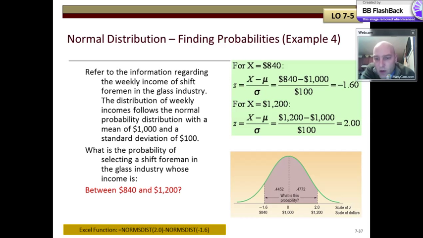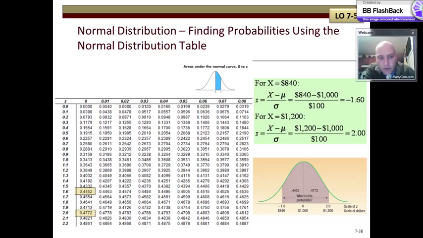I look up this 1.6 in the table and I find an area of 0.4452. 0.4452, 0.4772. That's what happens when you look up those two numbers in the z-table. So I took the raw scores and converted them to z, negative 1.6 and positive 2. I took those z-scores and looked up what their areas are in the body of the table.